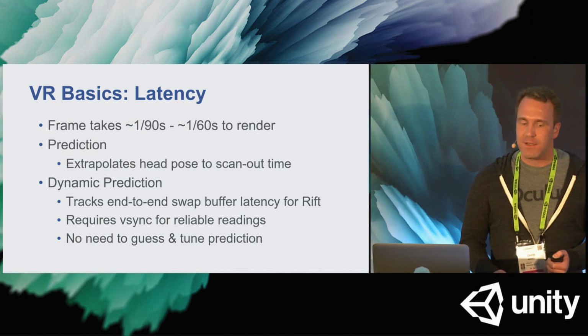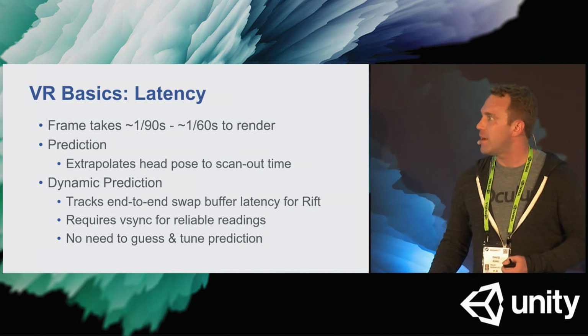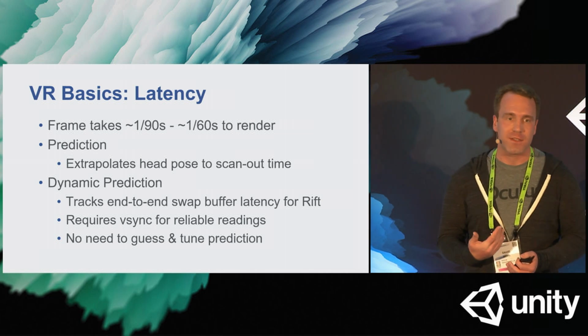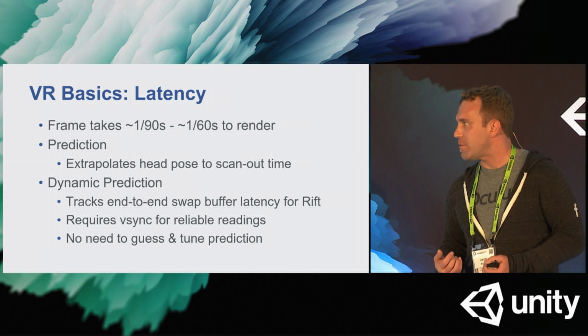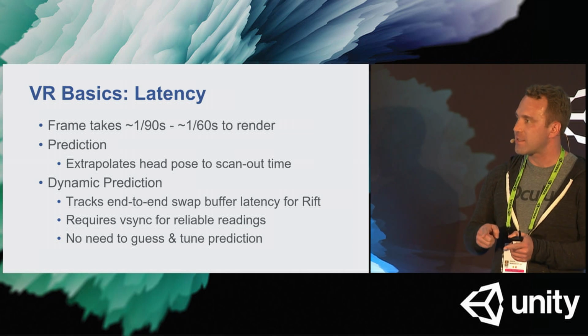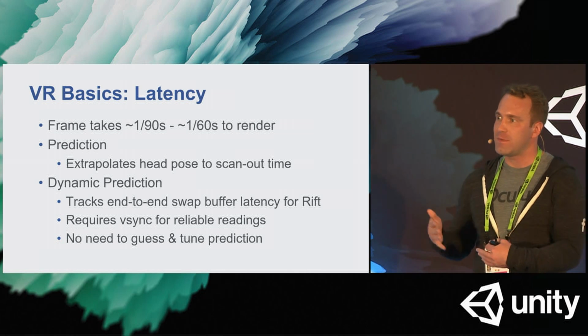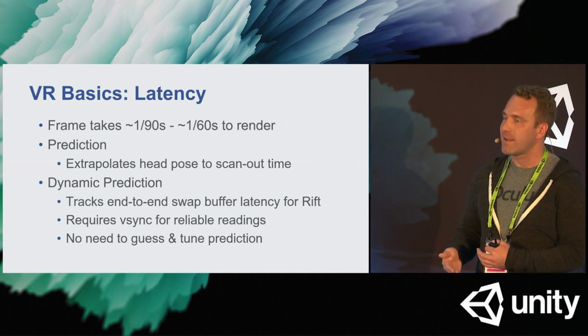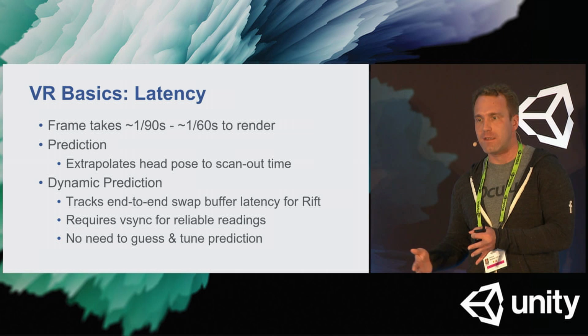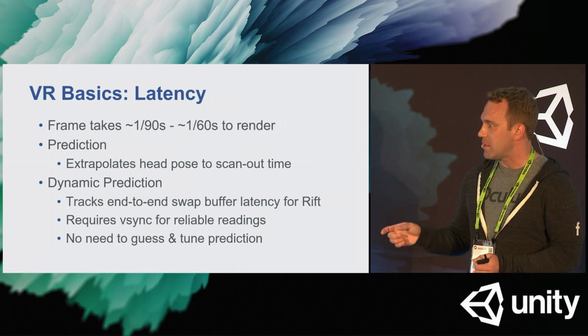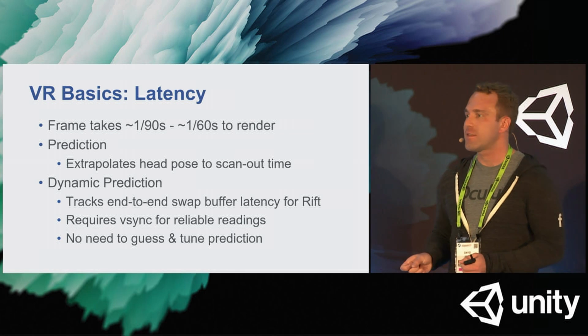We do manage the frame timing, so we know roughly when scanout is going to occur at the time Unity hands us those eye buffers. And we can also predict, based on kind of running averages, how long the frame's probably going to take to render. So we try to kick rendering off at the right time, such that we balance latency and throughput. And we also try to leave as little slack at the end of the frame as possible.